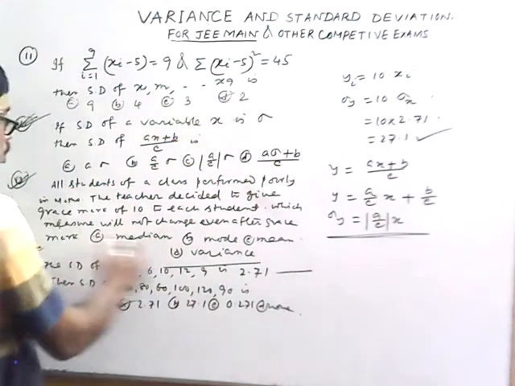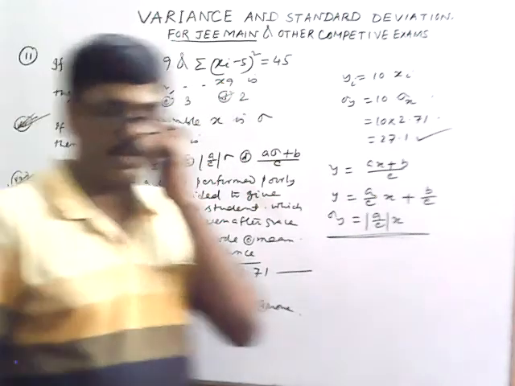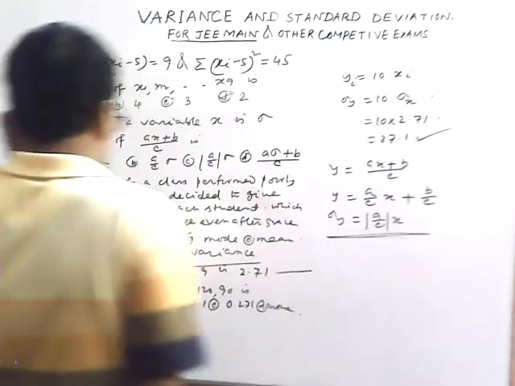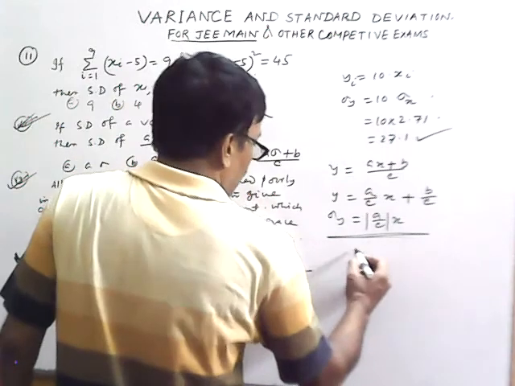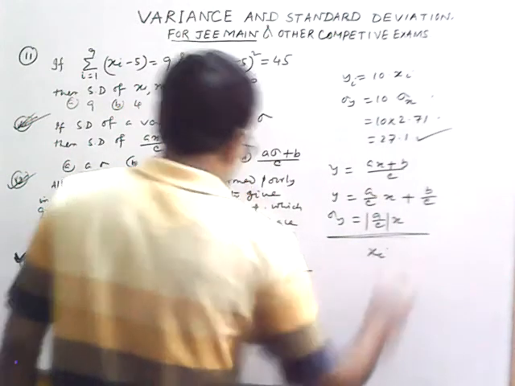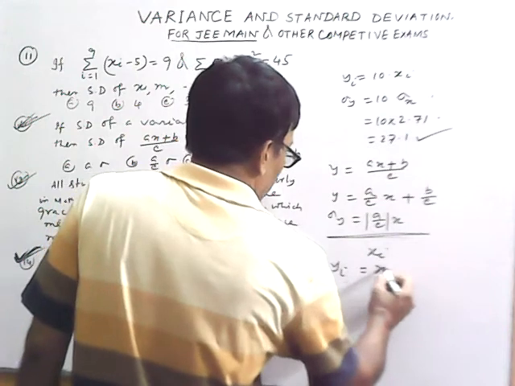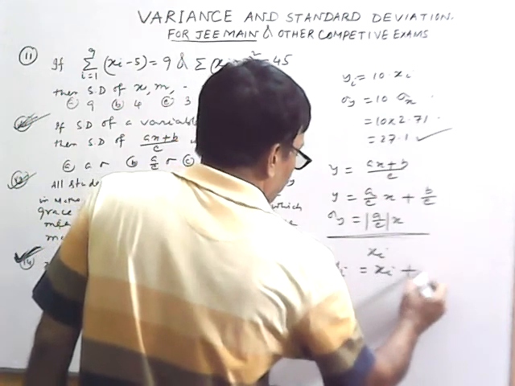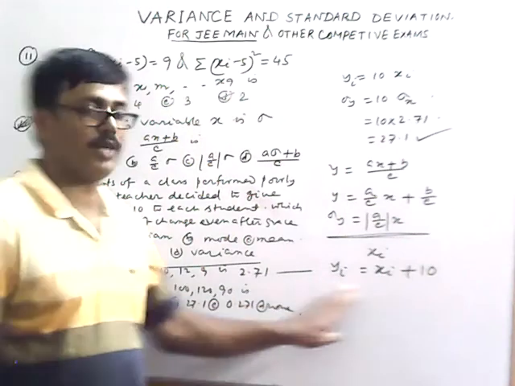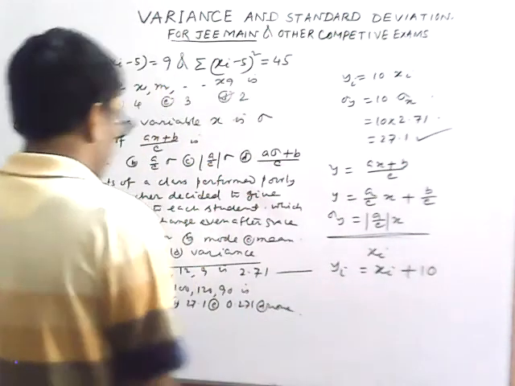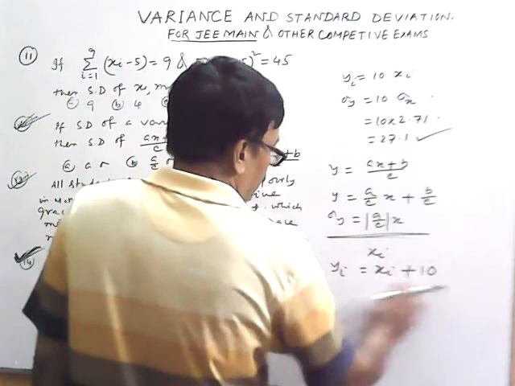Mean, median, mode are measures of central tendency. Suppose the initial marks are xi. Now what are the final marks? yi equals xi plus 10. So you know, if you take y bar, then it is x bar plus 10.